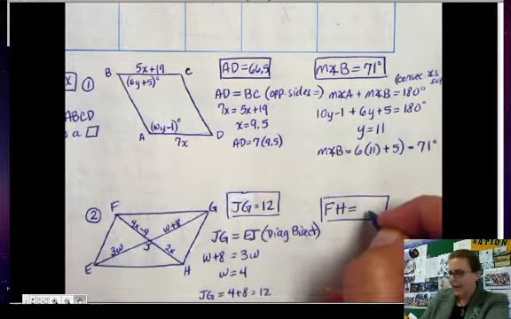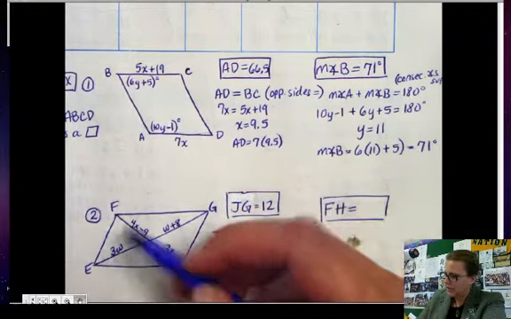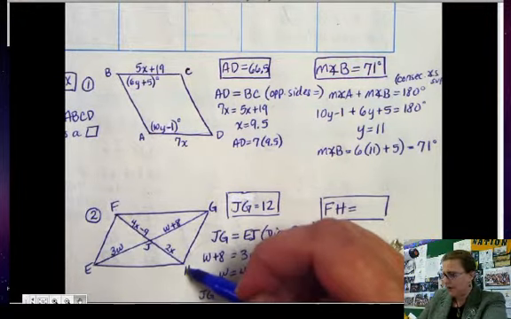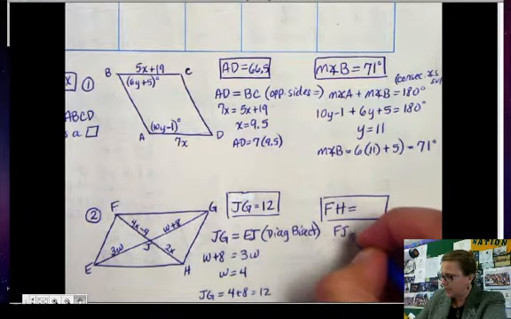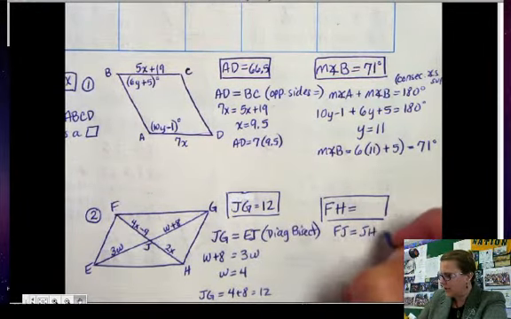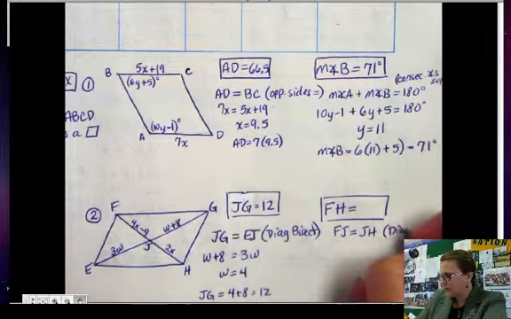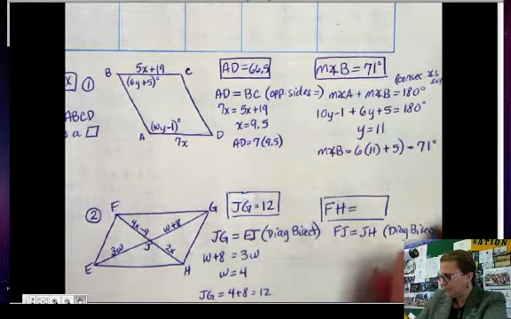Okay, for FH, FH is this whole entire thing. Well, I know that FJ is equal to JH, also because diagonals bisect.